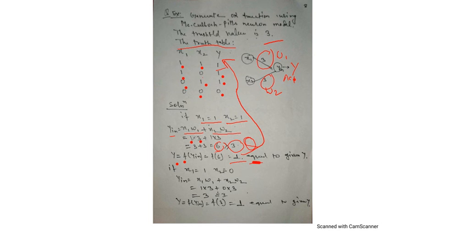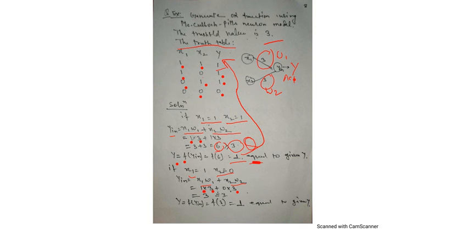Now see the second case. The second case is when x1 is 1 and x2 is 0. Then what output should come? The output should be 1 because it is an OR gate. In an OR gate, if any one input is 1, then it will return 1. So x1 is 1 and w1 is 3, x2 is 0 and w2 is 3.